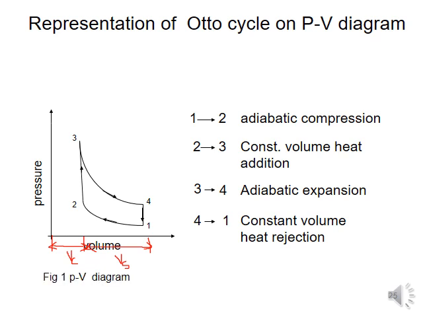The initial pressure at state 1 is P1 and temperature T1, and the temperature is increased. Observe that the graph from 1 to 2 is increasing.